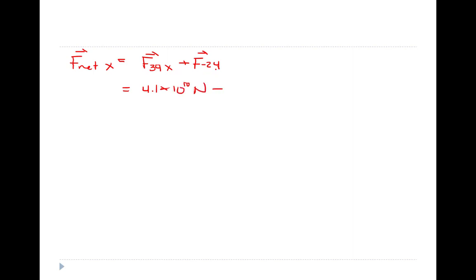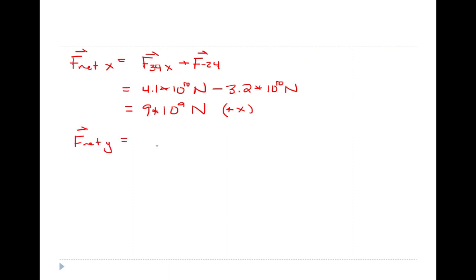This one was in the negative x, so I'm going to subtract it off. Minus 3.2 times 10 to the 10 newtons. And that works out to be 9 times 10 to the 9th newtons. And because it turned out to be positive, I know that that is going to be in the positive x direction.